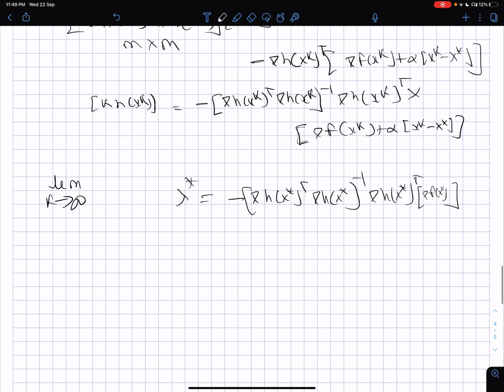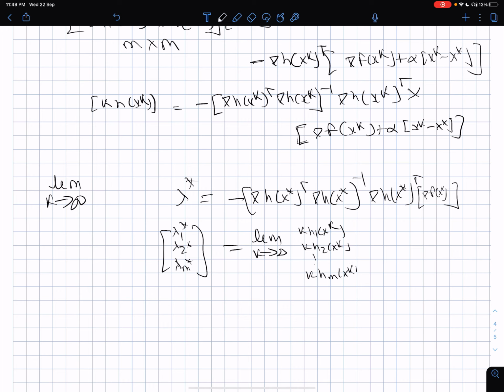So what it means is that this lambda star can be expanded as lambda 1 star, lambda 2 star, to lambda m star, which is the limit k tending to infinity. I'm copying from here and expanding it: k h1 of x of k, k h2 of x of k, and k hm of x of k, limit k tending to infinity.